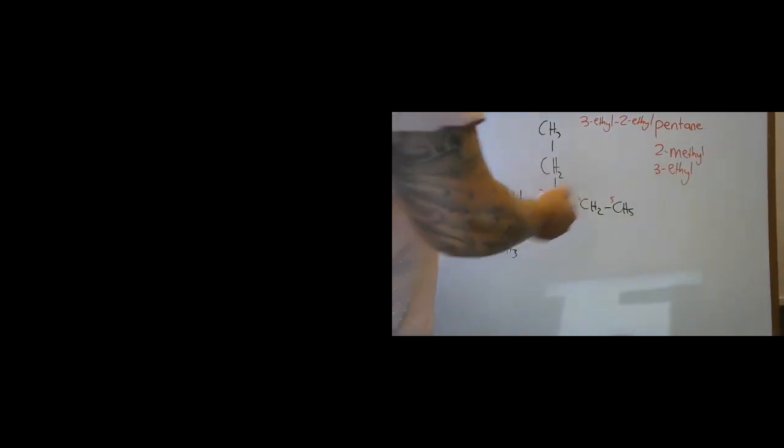We just list them in alphabetical order. So pentane will always go on the end. The functional group, ane, ol, al, il, always goes on the end. So E comes before M, so it would be 3-ethyl, 2-methyl pentane.